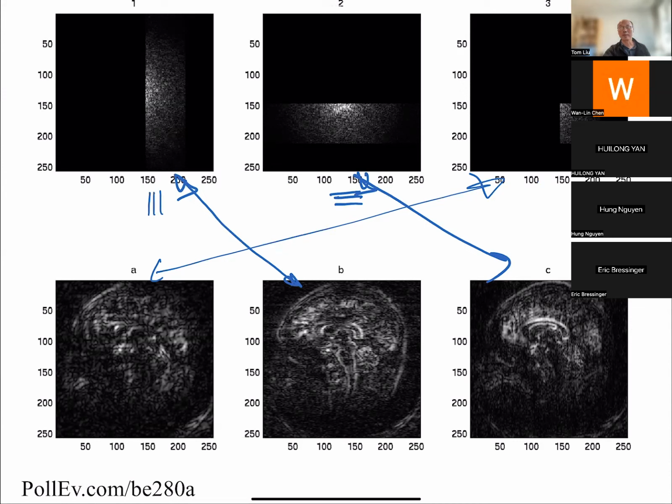So that did seem to be the issue. I think a lot of you had C going with 1. Do you understand why it doesn't go with 1? Let's make sure we understand why. Does everyone understand why C goes with 2?